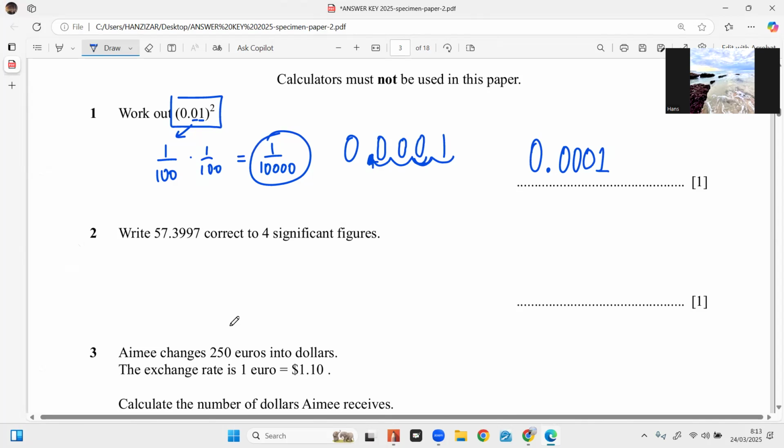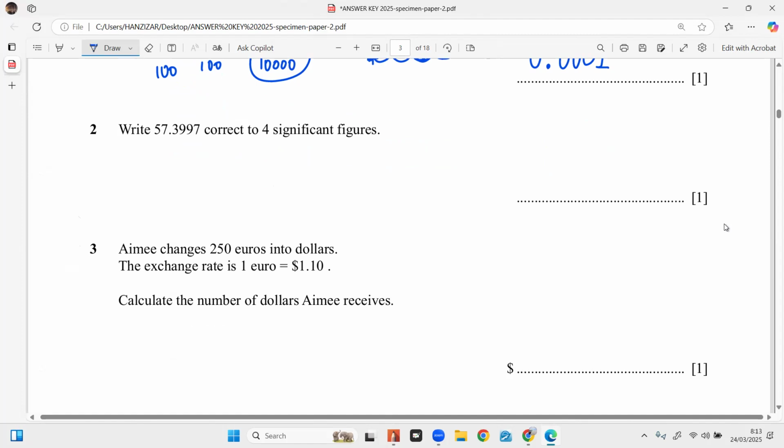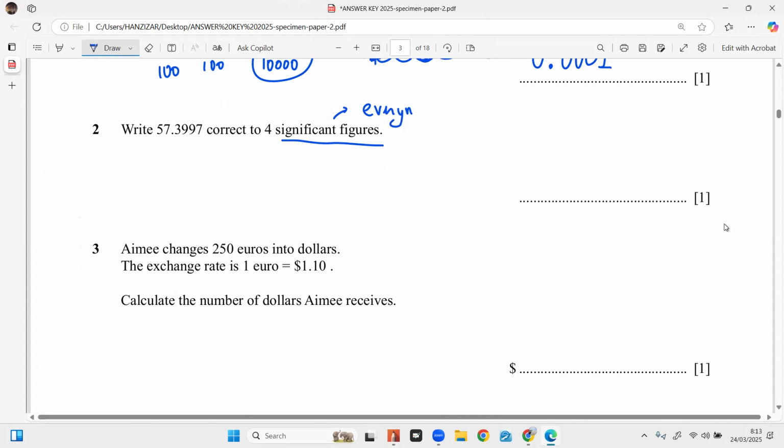Now, number 2, correct to 4 significant figures. What you need to understand about significant figures is this shortcut: every digit counts except zeros on the left. In this case all are significant figures, and you count from left to right: first, second, third, and fourth.